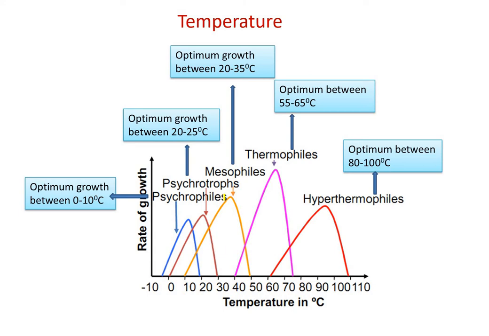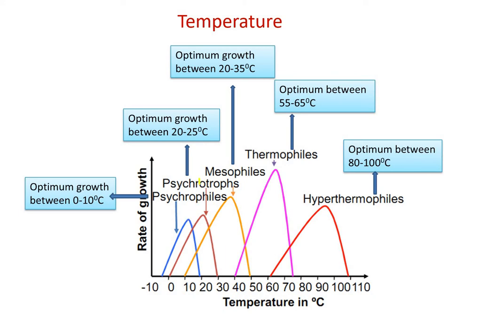we can see that psychrophiles grow optimally between 0 and 10 degrees centigrade. Even in this graph we can see that growth starts below 0 also. It is not that below 0 the rate of growth is 0. No, they are growing below 0 also, and the optimum growth takes place around 10 degrees.